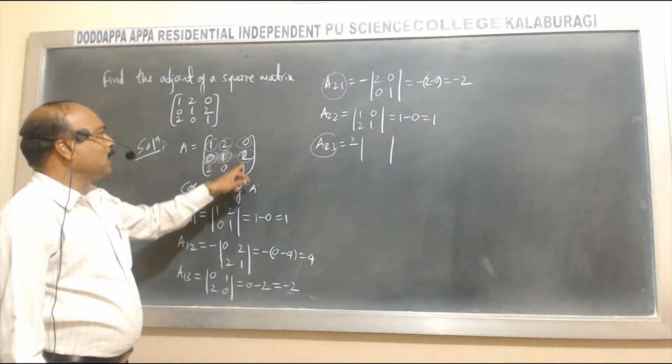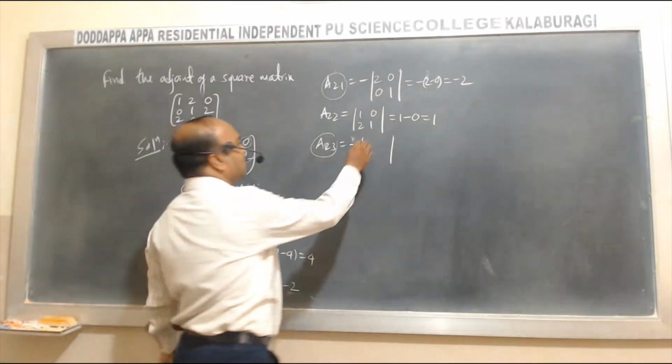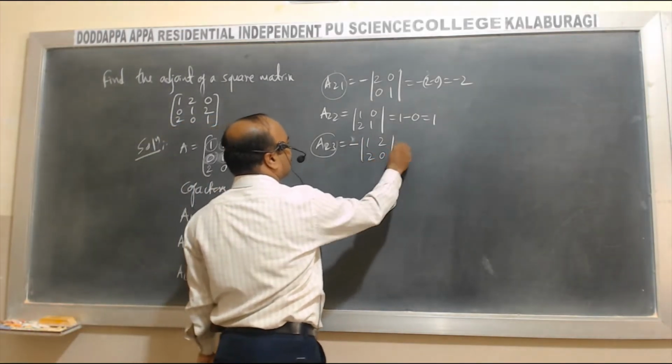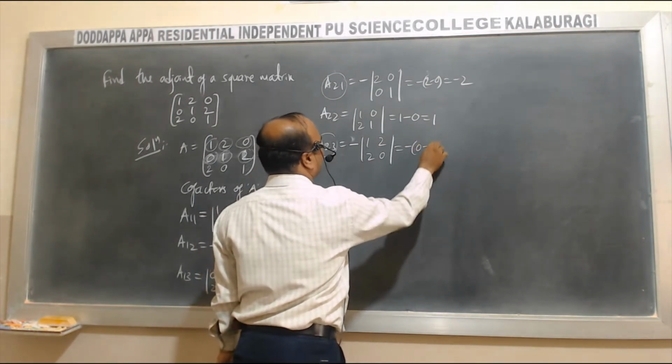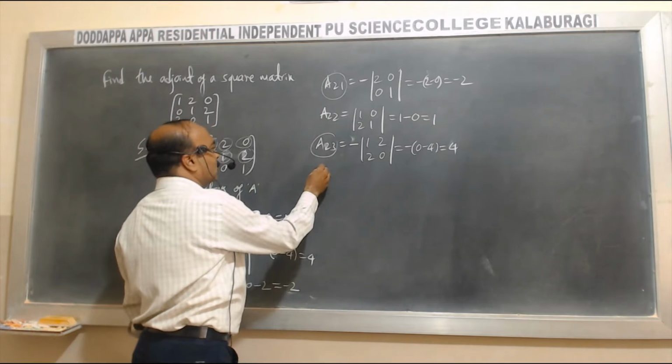Deleting its row and column, we get 1 2, 2 0. So this is minus of 0 minus 4, which is plus 4.